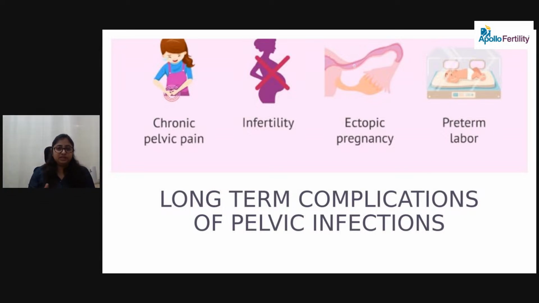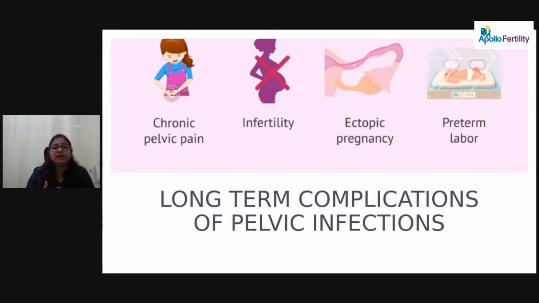So we can see that there are multiple ways. These are simple infections which are very easy to find out, because of the symptoms which I told, like abnormal vaginal discharge, lower tummy pain, pain during urination, pain during sex, irregular bleeding. So these are the simple symptoms.